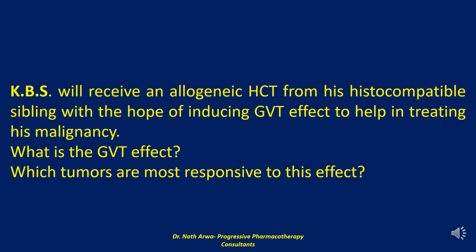This suggested a graft versus tumor effect due to the donor lymphocytes. Lymphocyte involvement in graft versus tumor was further supported by the effectiveness of donor lymphocyte infusions in treating patients who experienced relapse of their malignancies after allogeneic hematopoietic cell transplantation.